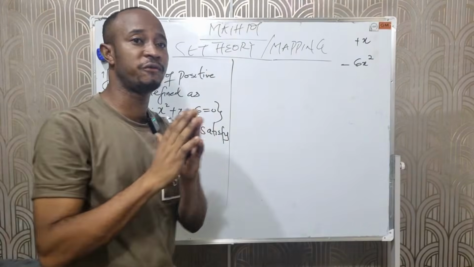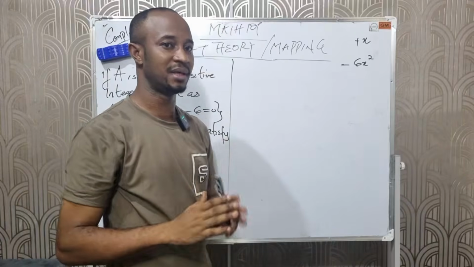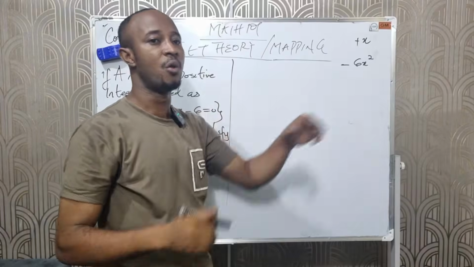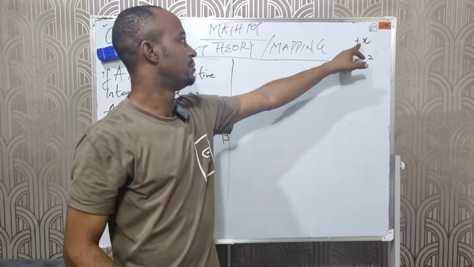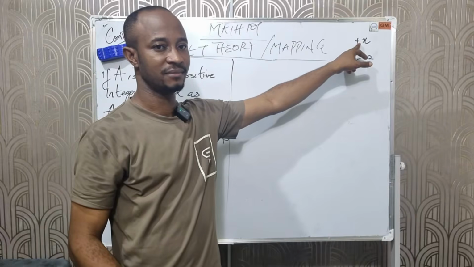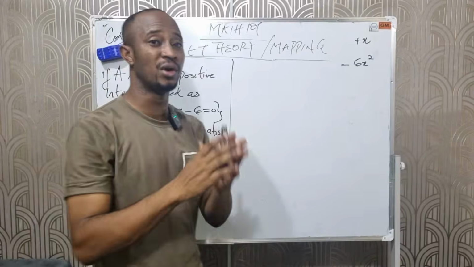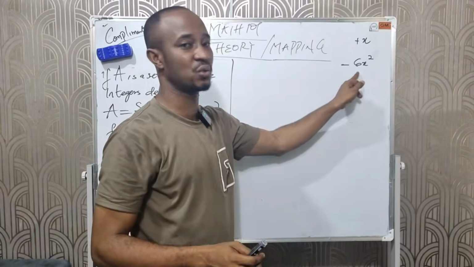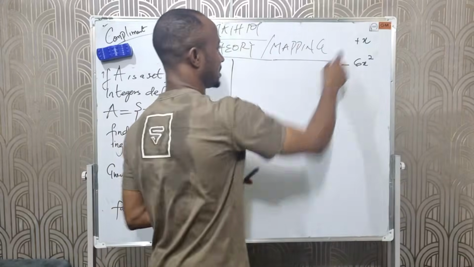Now what we do is to look for 2 factors that when you multiply them, the result will be minus 6x squared, but when you add or subtract them, the result must be plus x. I repeat again: think of 2 numbers that when you multiply them, the result will be minus 6x squared, but when you add or subtract, the result must be plus x.